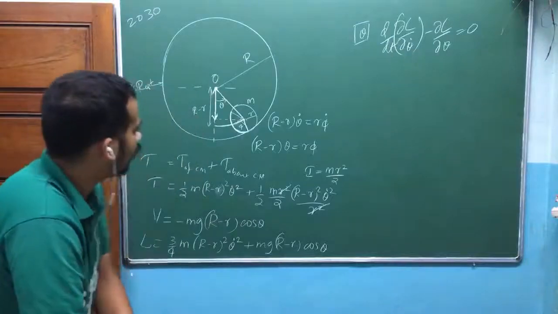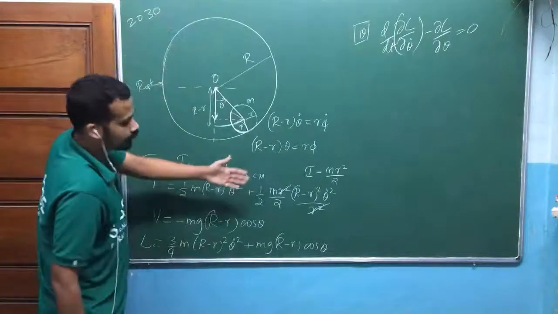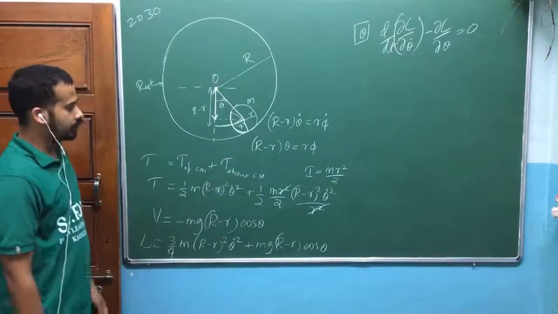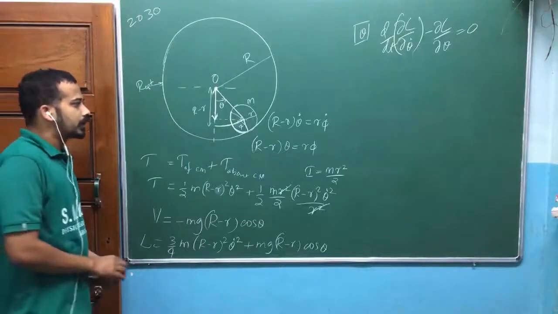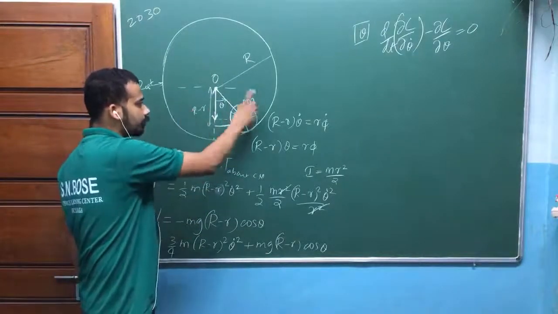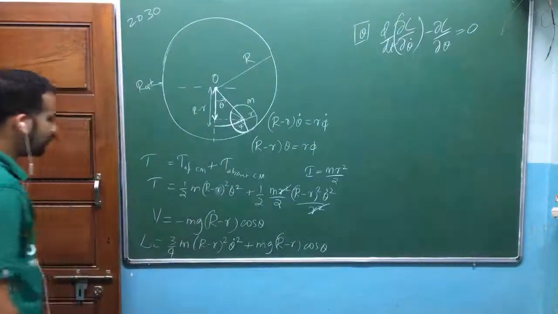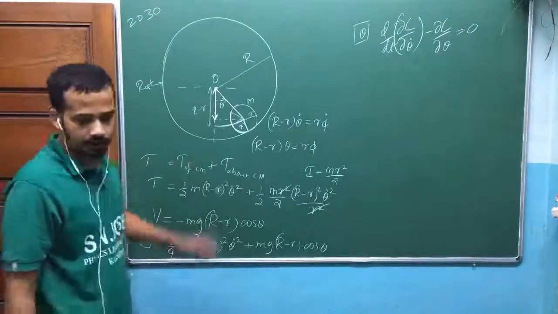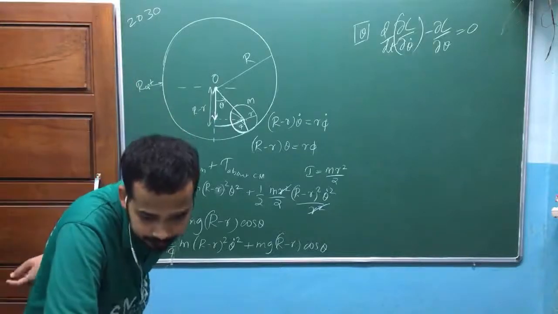So the length is not needed. We have taken one cross-sectional view actually, but you should imagine that it is rolling like this. Mass is decided by the length, you can take that idea.